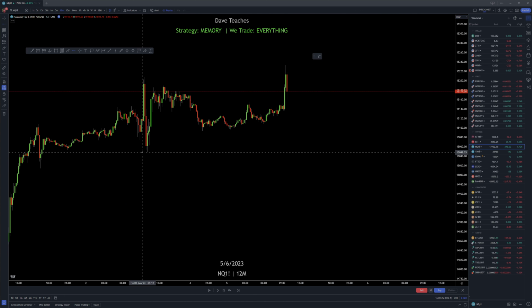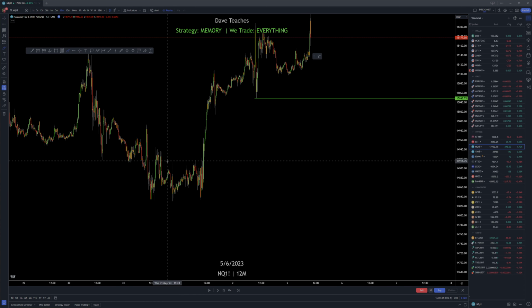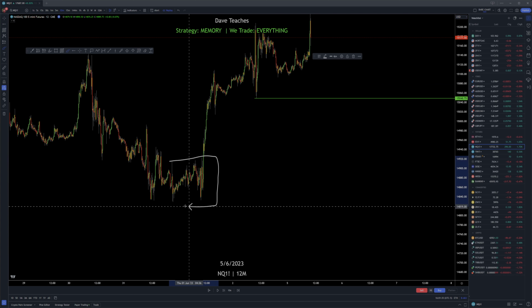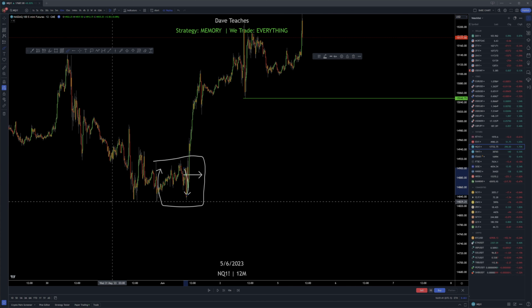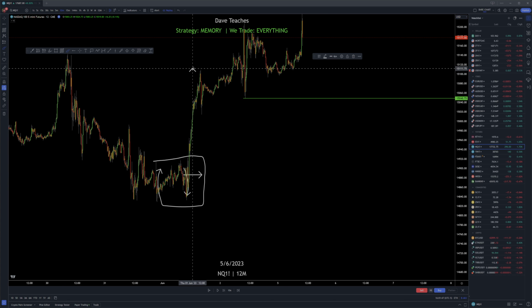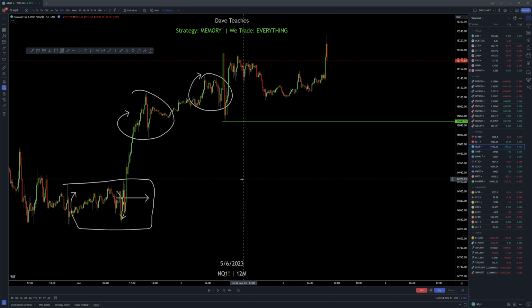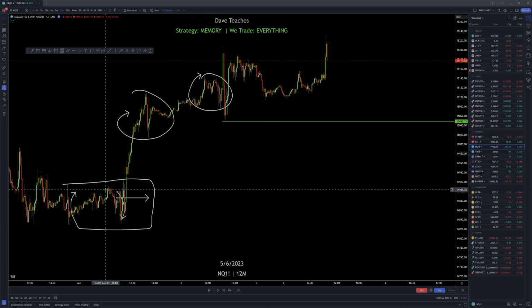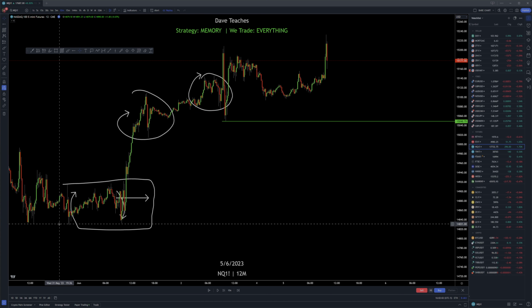So let's leave this here. Let me see what's in there actually. That's there. That's there. Where did that go? That's there. So there's 3 swings in here. Actually, there's 4.